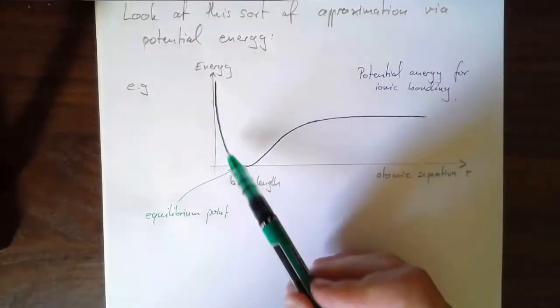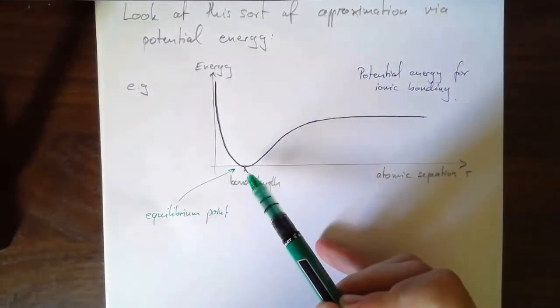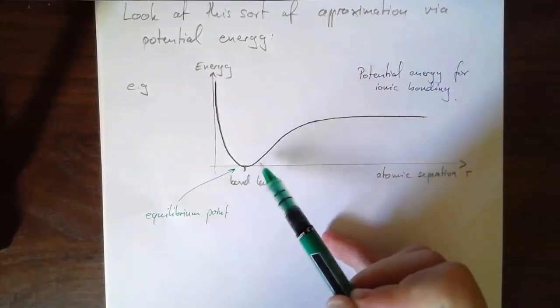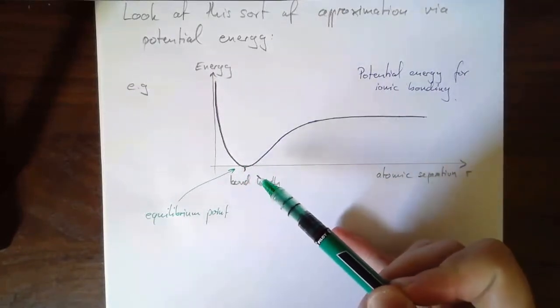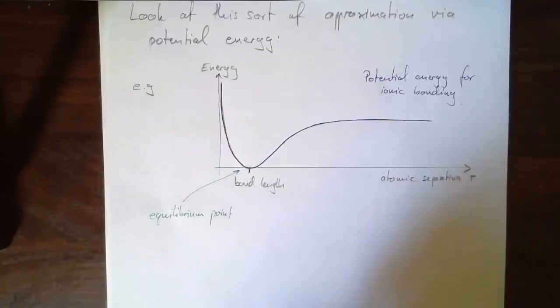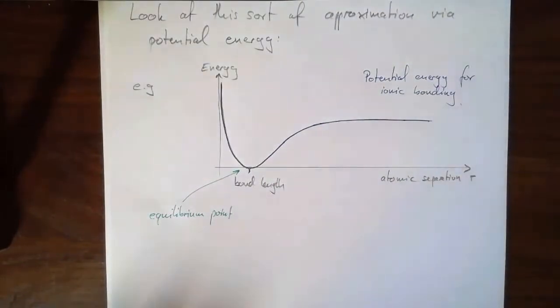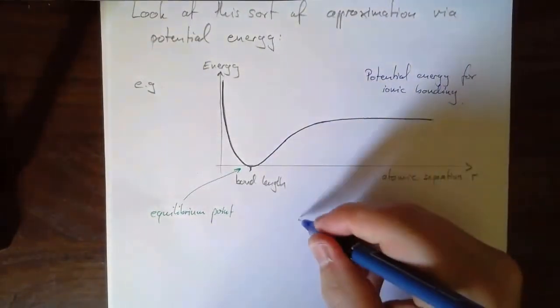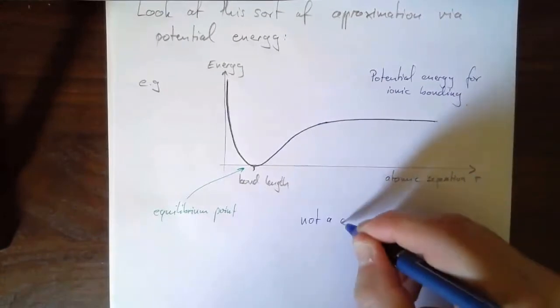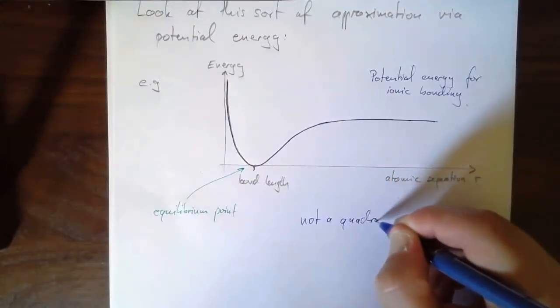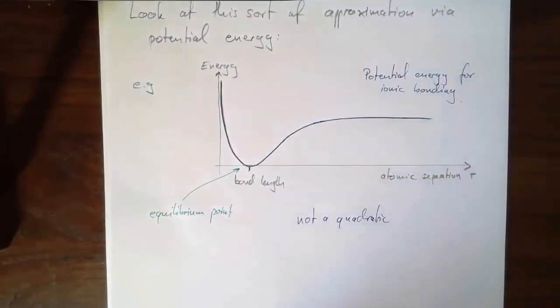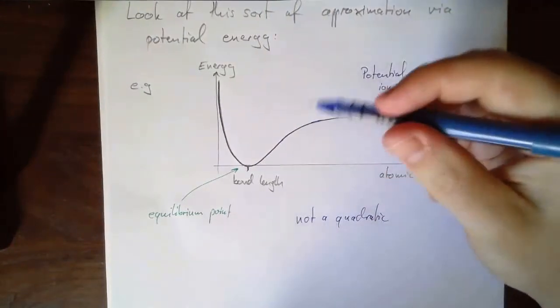Now, as I said, this valley here, this equilibrium point, is not a quadratic. It's some other complicated function. This shape here is not a quadratic, and the quadratic is what we want for the potential energy of a spring.